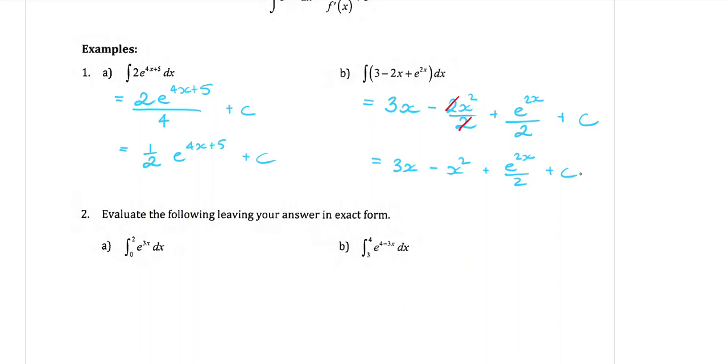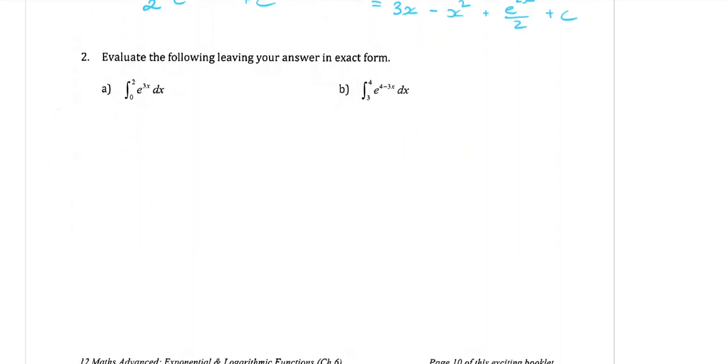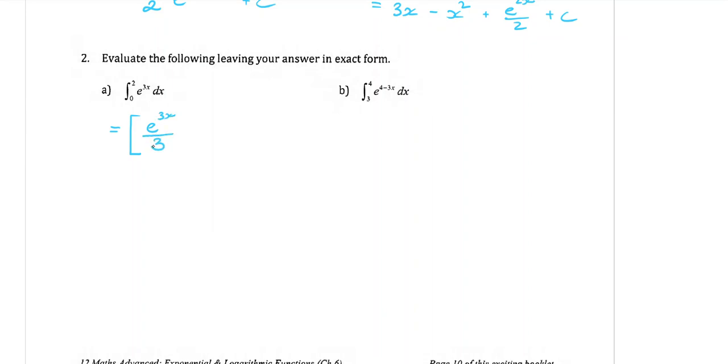Okay, those ones are indefinite integrals because we have the plus c's. Then in question 2, we have the definite integrals because we have numbers on our integral sign. So let's do these ones. These go into square brackets, and we integrate the e to the 3x by dividing it by 3. Close the square bracket and put a 0 and a 2 on the end.